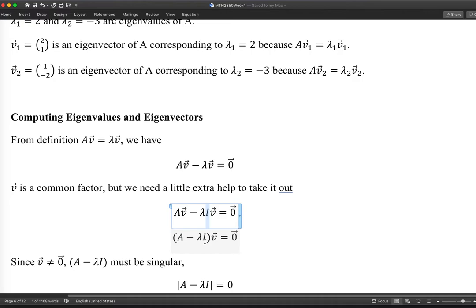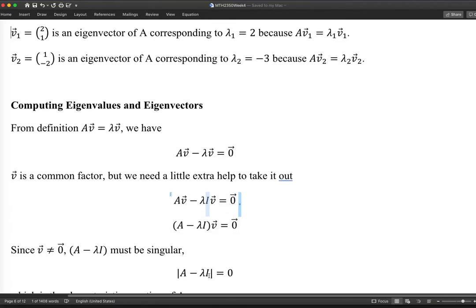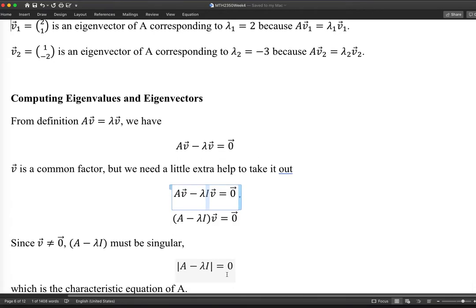Anyone remember what is a singular matrix? A singular matrix, simply, is a matrix such that the determinant is zero. And it is only when the determinant of this coefficient matrix is zero that we would have a non-zero vector v over here.